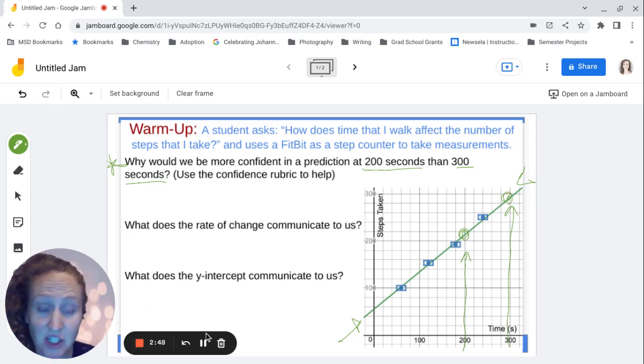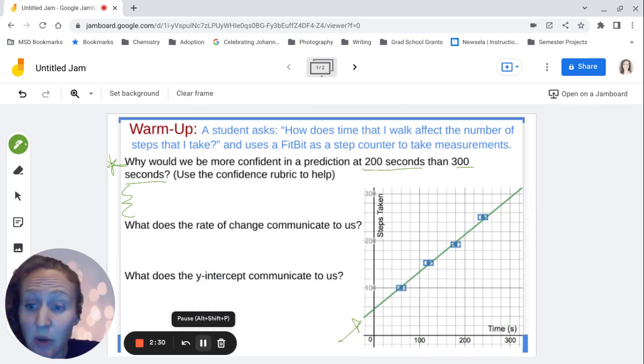So make a decision and write that decision in this blank. How would changing between 200 seconds and 300 seconds affect your confidence level? Pause the video now and write your answer down.